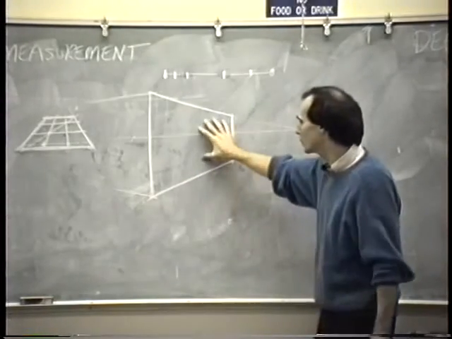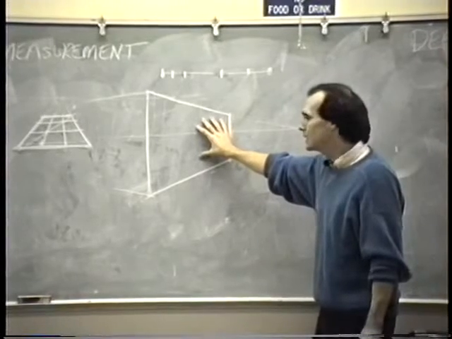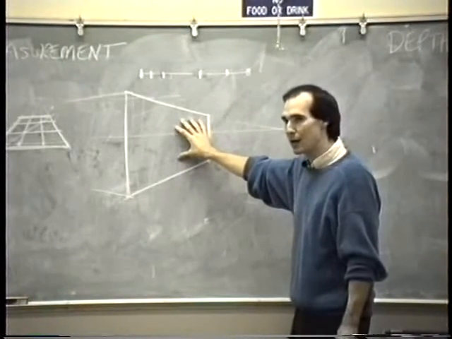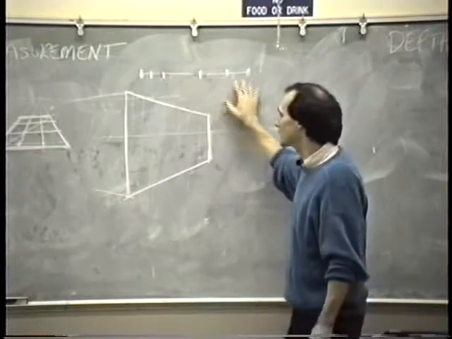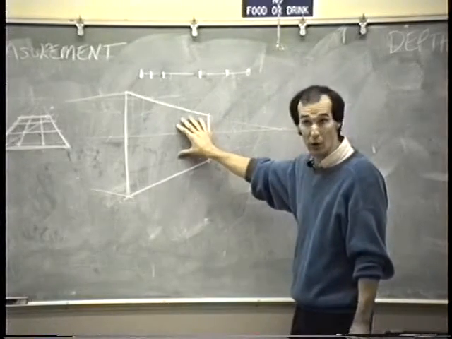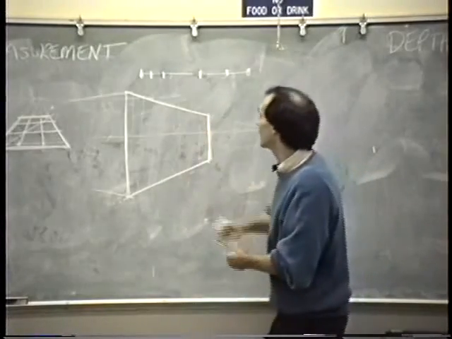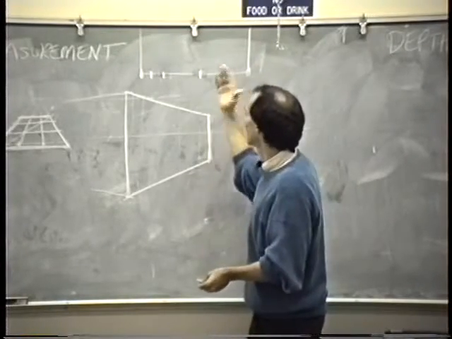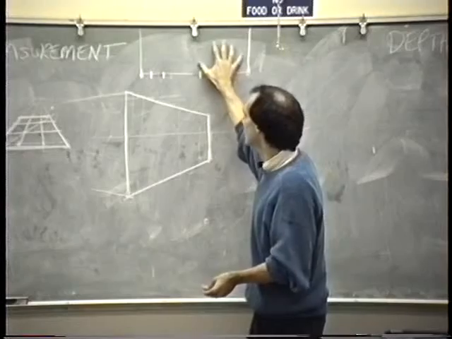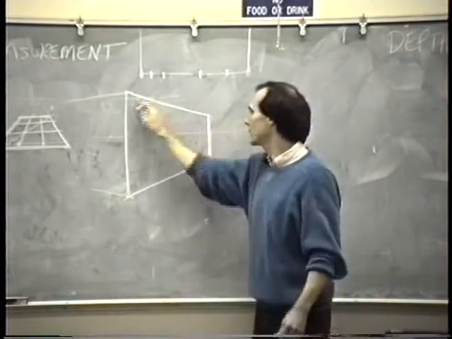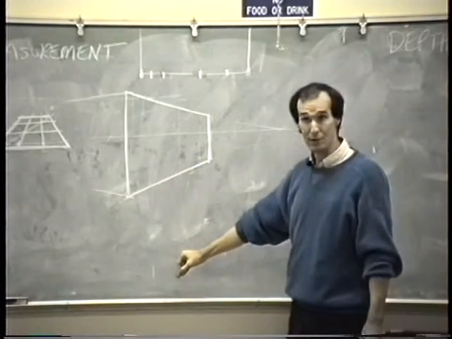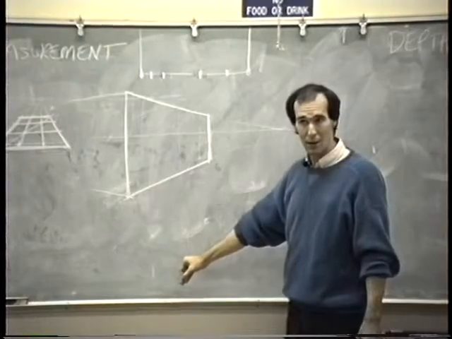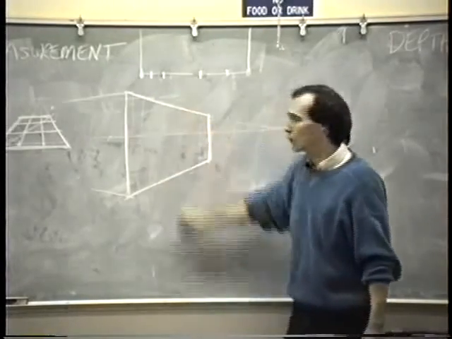Now, here's the way we're going to do it. I need to find how to divide this space on a line that is not foreshortened. That is, if we could tip this out, we'd see it not foreshortened. But all of these lines are foreshortened, except what? Yeah, the vertical lines are not foreshortened.